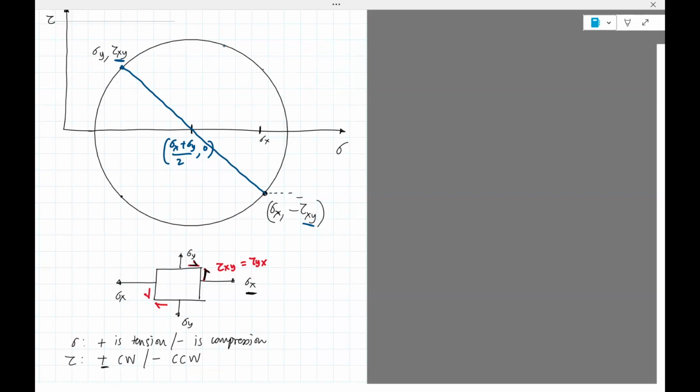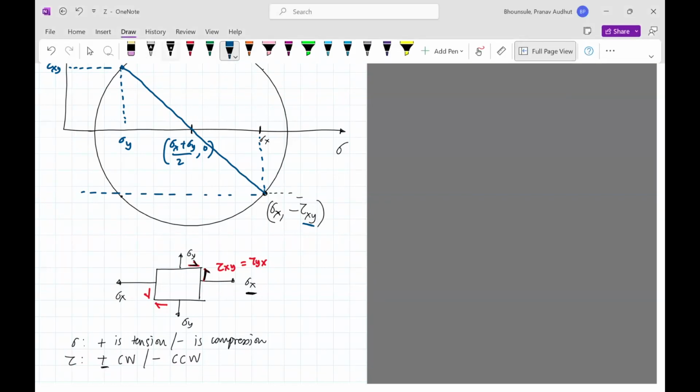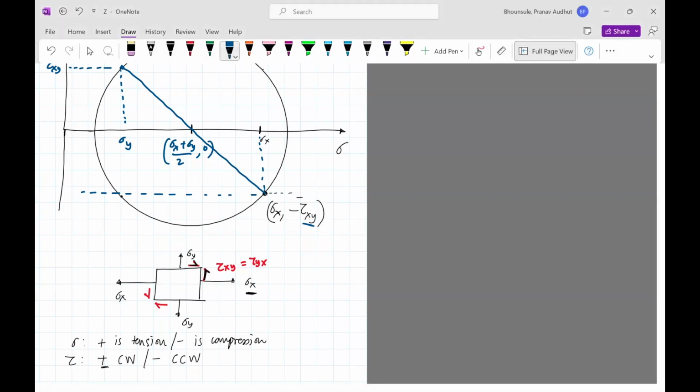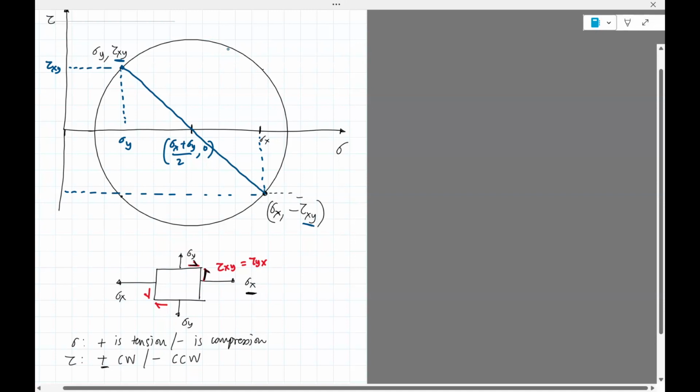Okay, so here we have sigma y, tau xy, minus tau xy.